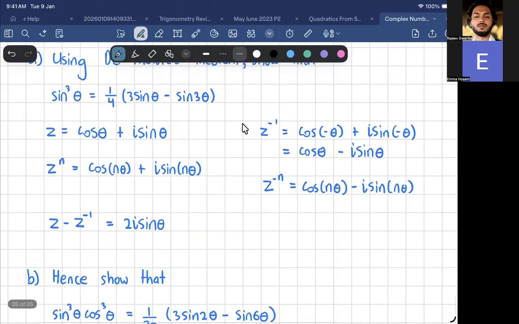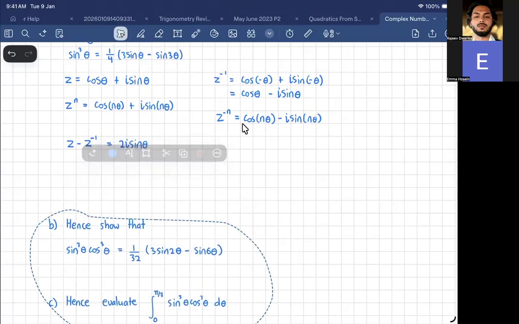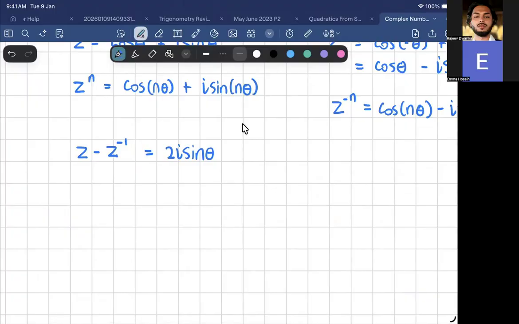And we're going to utilize this to figure out sine to the power 3 theta. So Emma, walk me through the rest. You would have z minus 1 on z, to the 3. And that would be equal to what? What would that be equal to on the right-hand side?